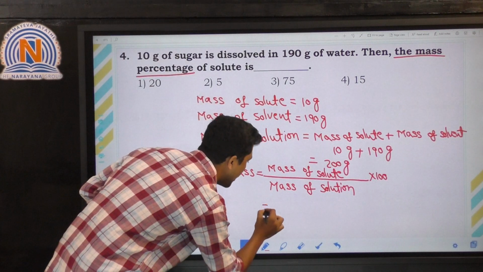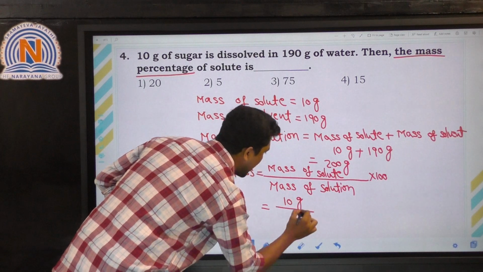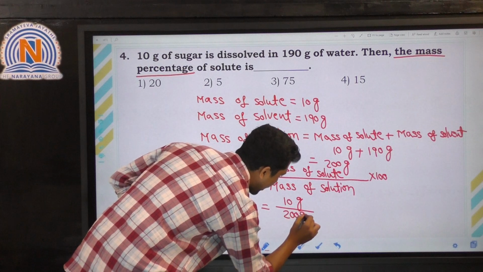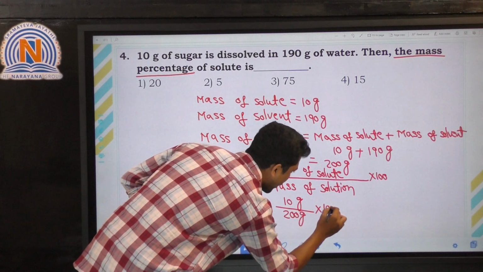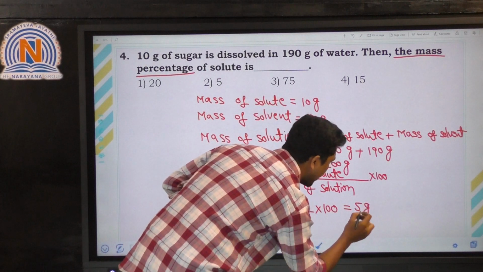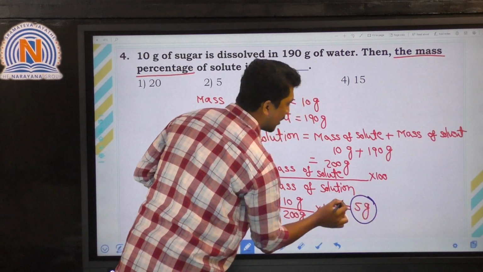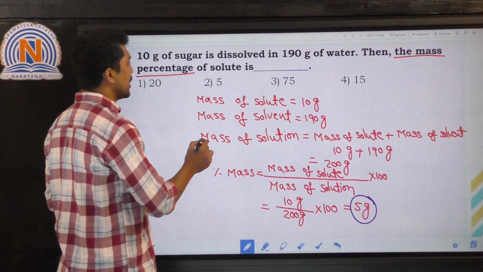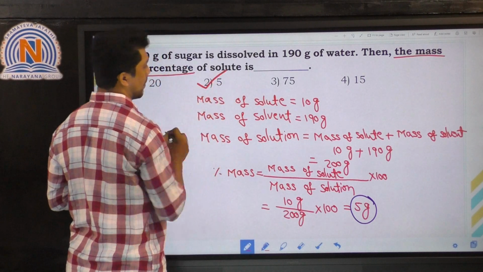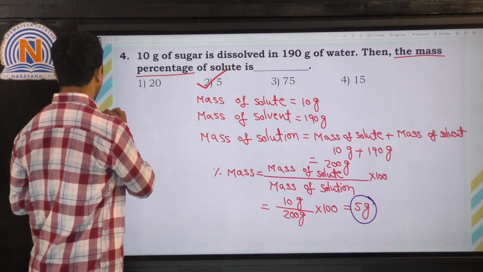Mass of solute is 10 grams and mass of solution is 200 grams into 100. Then we will get the answer: 5. So this is the answer. Just see the options. The second option is the correct option.